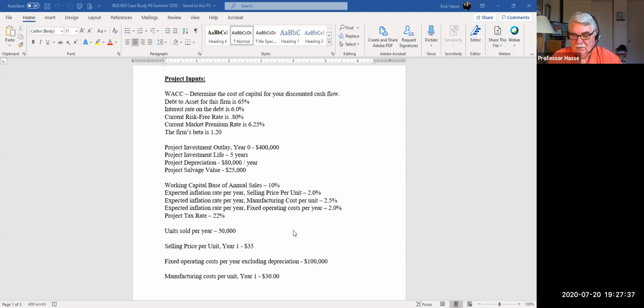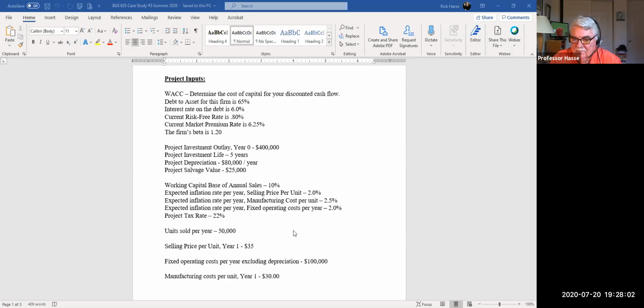We had a tab in our spreadsheet two weeks ago, last week, and this week that I showed you that you can use for that. The project investment is $400,000 over a life of 5 years, with a straight line depreciation of $80,000 a year and a salvage value at the end of its life of $25,000.